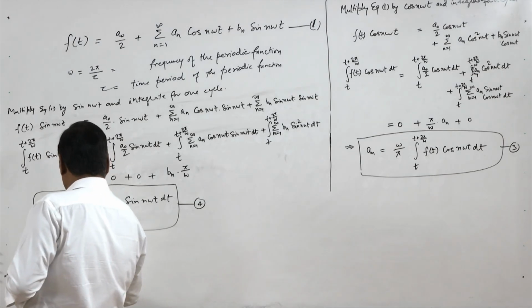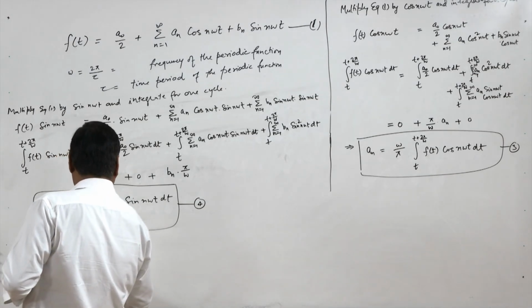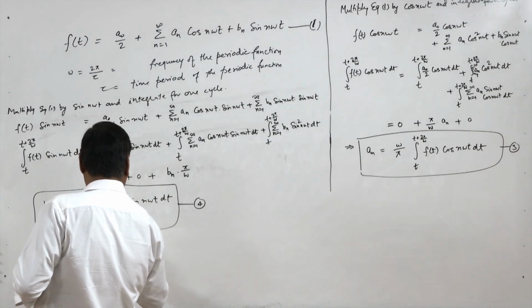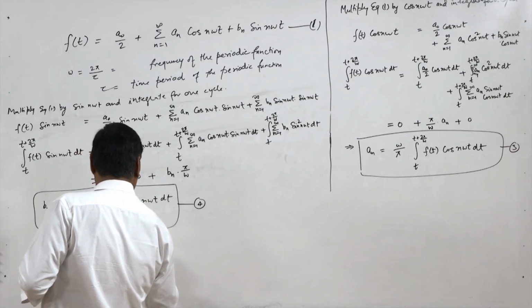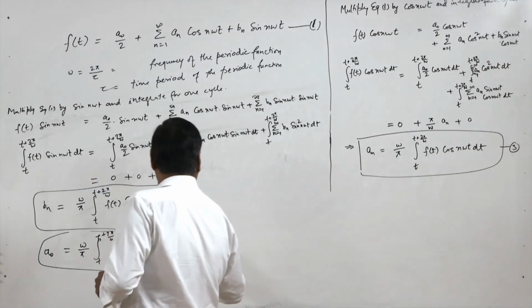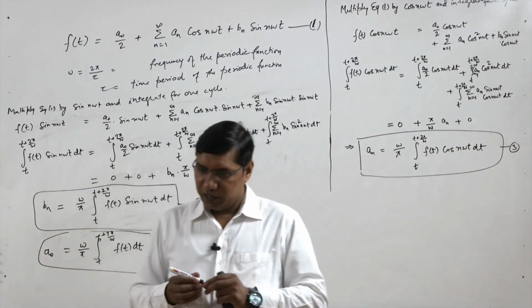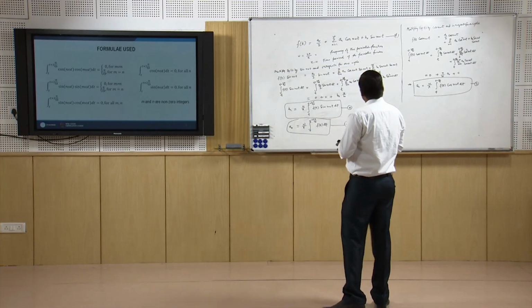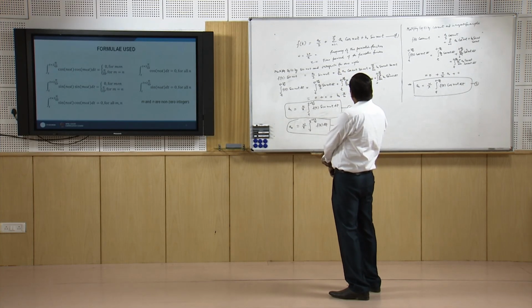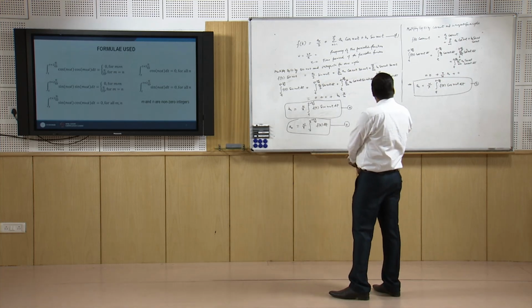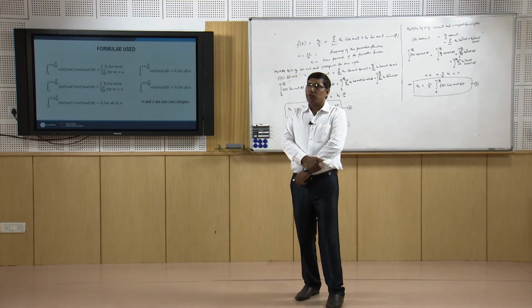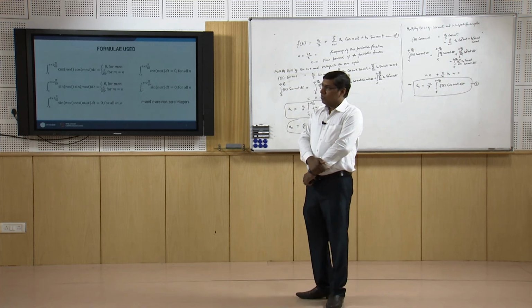So equation 1 tells about the Fourier series, and then equations 2, 3 and 4 give the value of the coefficients of this Fourier series.